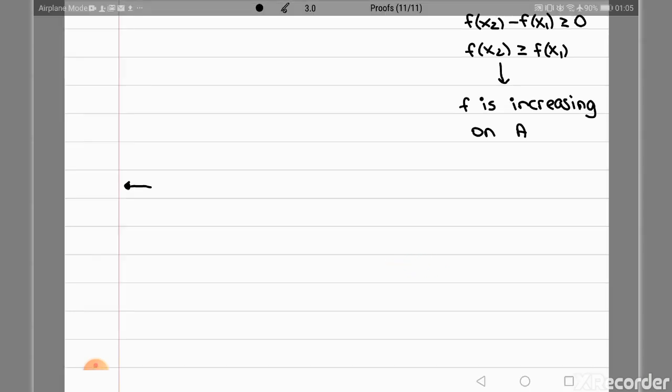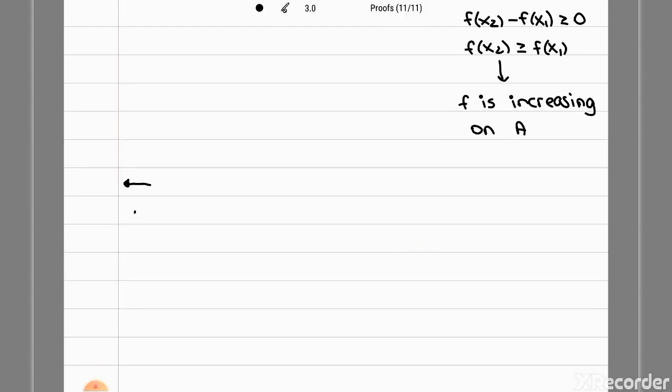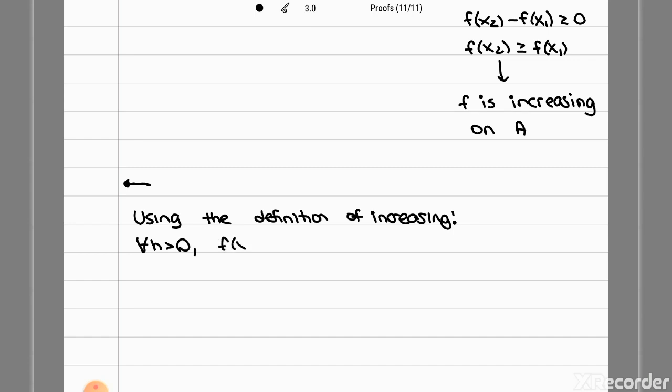So instead of using x1 and x2, we're going to modify the definition slightly, and say that for every h that's greater than 0, so for every positive h, f of x plus h will be bigger or equal to f of x.